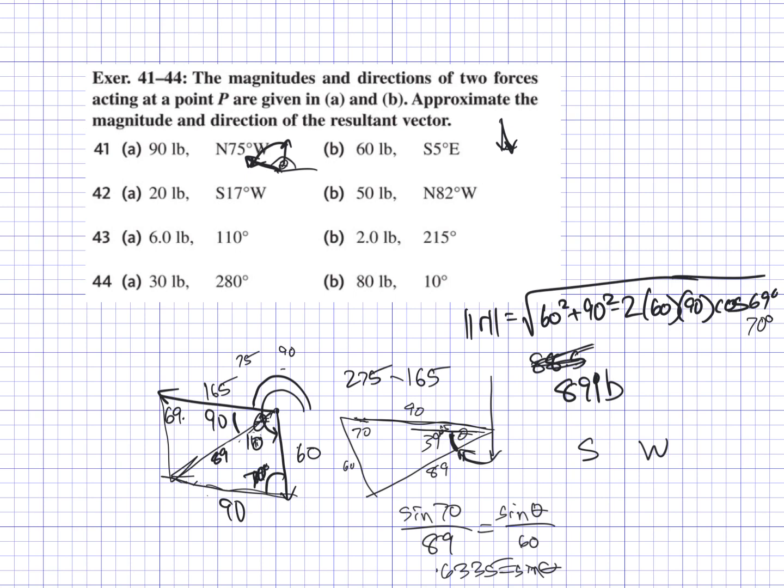So this 90 plus the 15 is 105, and then we subtract off the 39, and that's going to be 66 degrees. That's the difference here. Okay, that was pretty complex to get there, but south 66 degrees west. All right, and the magnitude is 89. All right, that's how you do those problems.